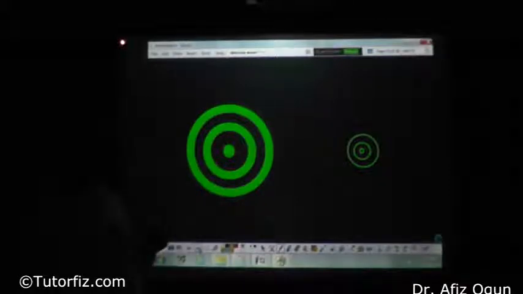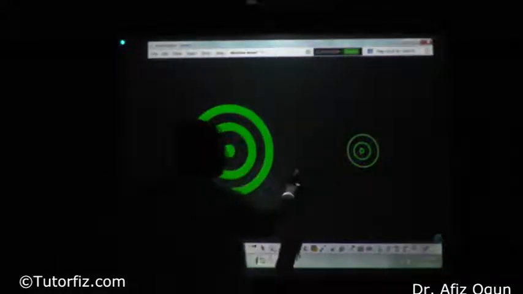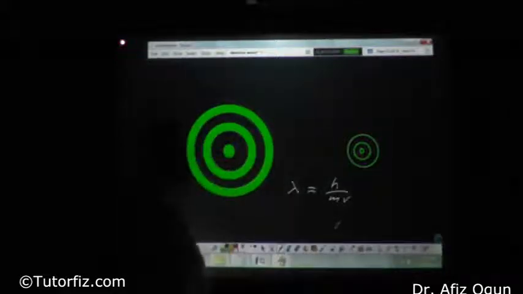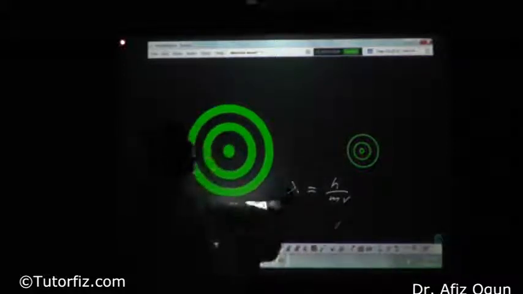We also notice that if we try to increase the speed of the electrons by changing the voltage, what do we see? Because we said lambda equals h over mv. If we increase the speed, lambda will become smaller.